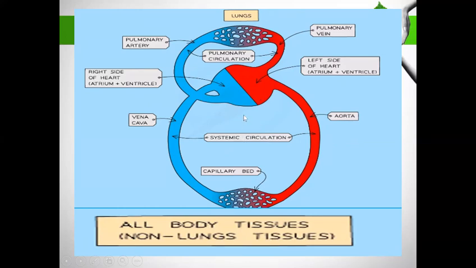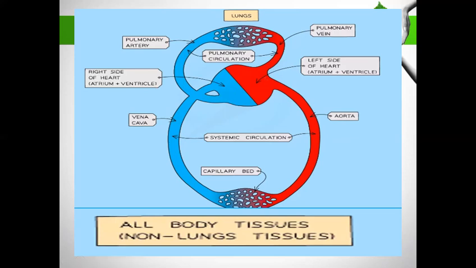If you compare the heart of fish and human, you will see that the human has a four-chamber heart, but the fish has only a two-chamber heart. In fish, only deoxygenated blood is found, but in the human heart, the right side has deoxygenated blood and the left side has oxygenated blood.